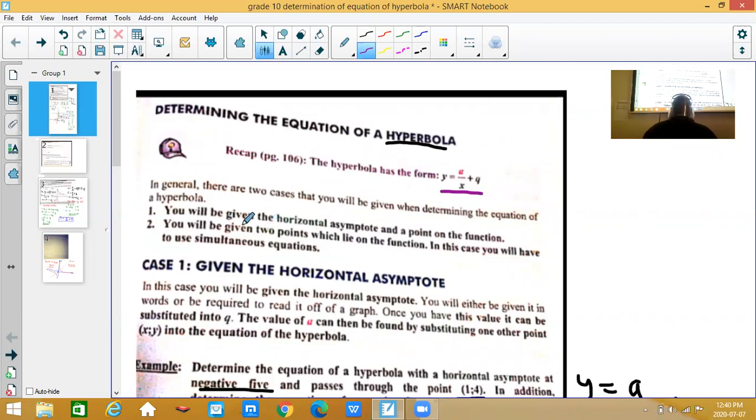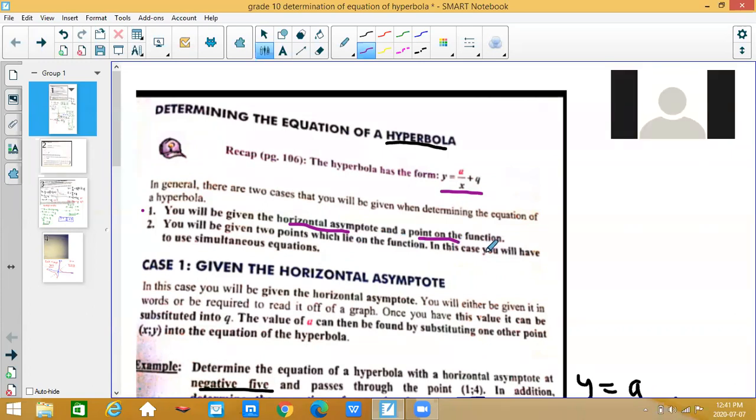So when we are finding the equation of the hyperbola, you will always have two scenarios. The first one, you will be given a horizontal asymptote and a point on the function. Second one, you will be given 2 points which lie on the function.